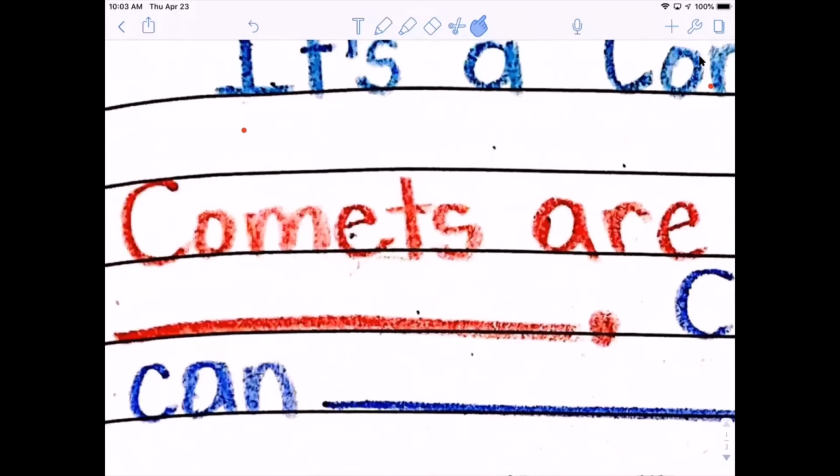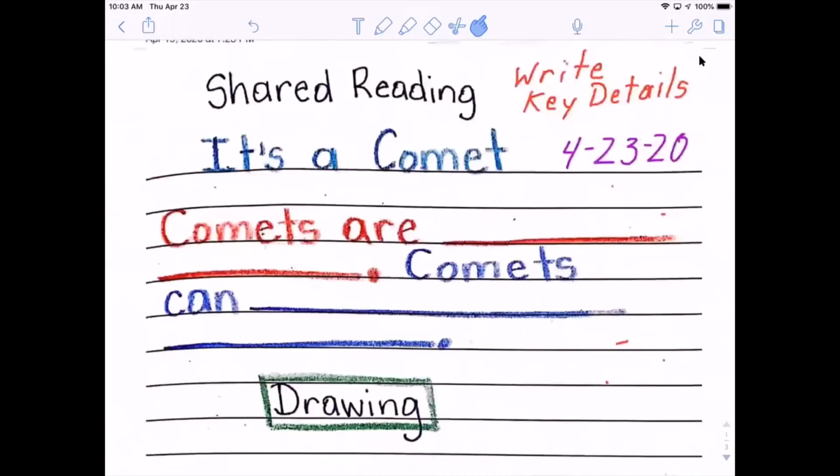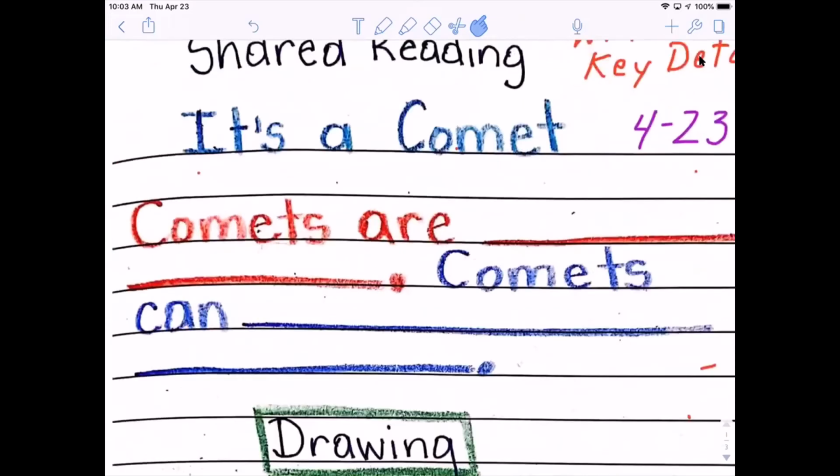And what are comets? Remember the key detail that Dylan shared with us? Okay, let me read it again for you. You're only copying the red words right now.